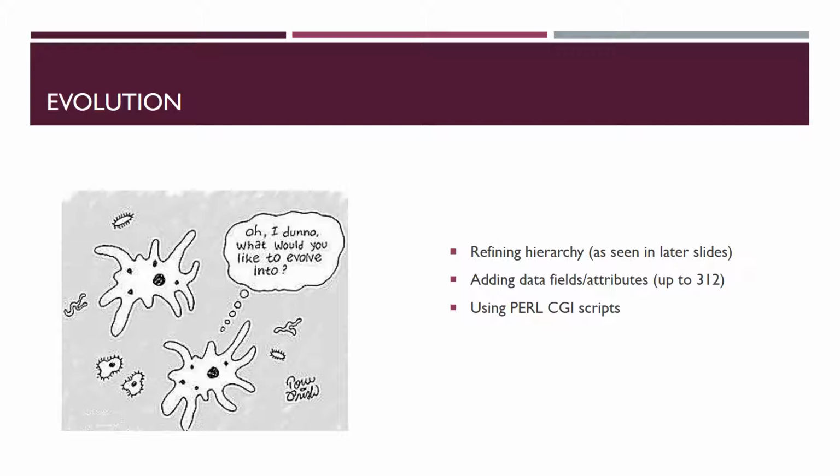Instead of Gold having pre-created static HTML pages out of flat text files, it's now using Perl CGI scripts. So it accesses the data from a database and dynamically creates corresponding pages to the viewer's request. So it really makes it a much more powerful database.